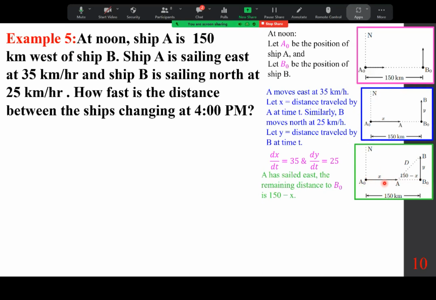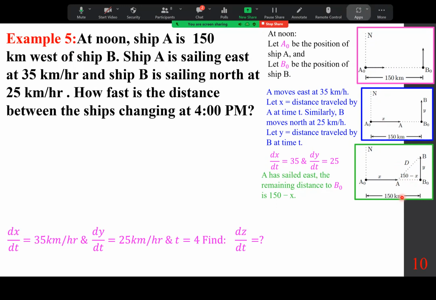So if this is covered by A, of course, dx/dt is 35, dy/dt is 25, those are the speeds. And if this is X and the total distance is 150, then the distance remaining for this part is 150 minus X. That's why, if you don't have the variables X and Y defined clearly for your reader, if you start getting to the formula without writing those, it makes no sense, and one wonders where it comes from.